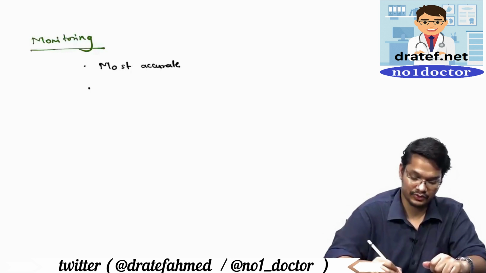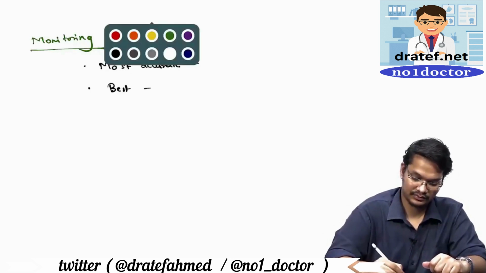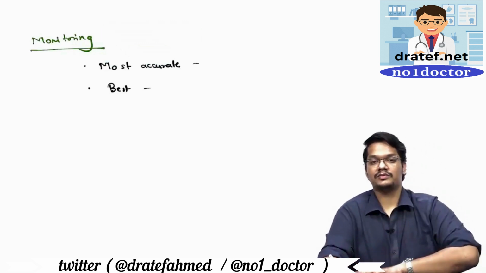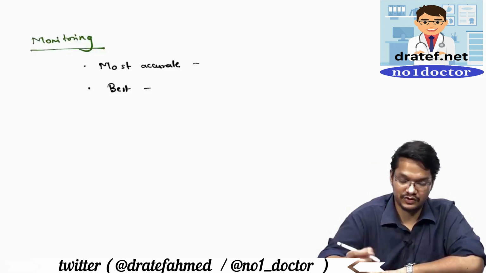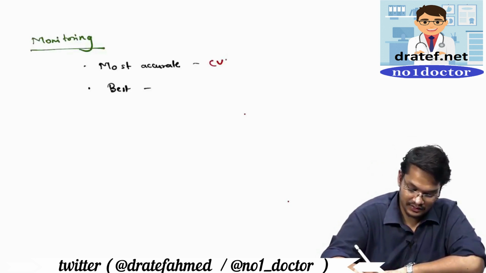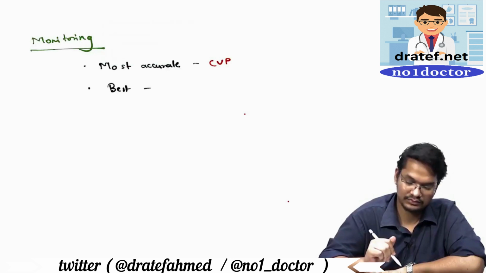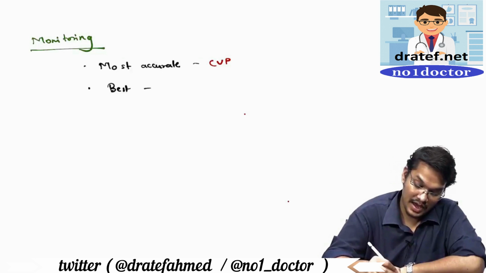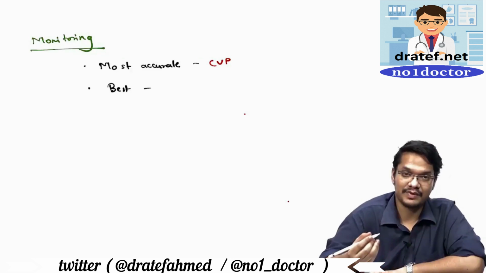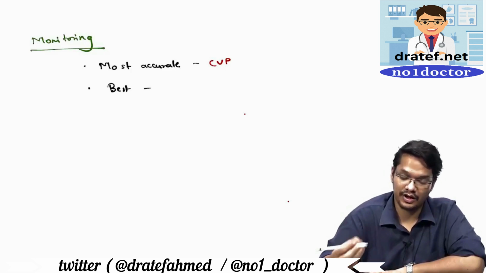The second thing that you need to know is the best method. What is the most accurate method? The most accurate method to monitor a patient of shock is central venous pressure. Okay, and the best method to monitor a patient is the urine output.